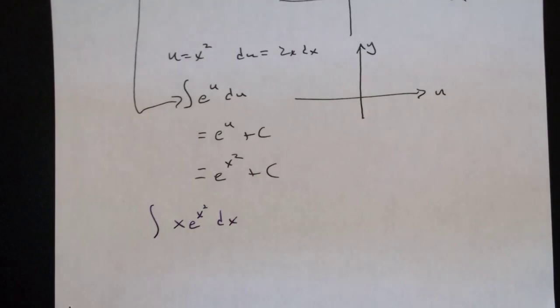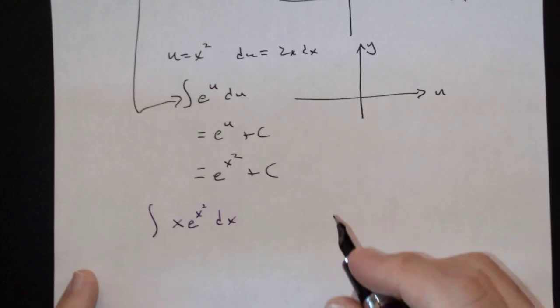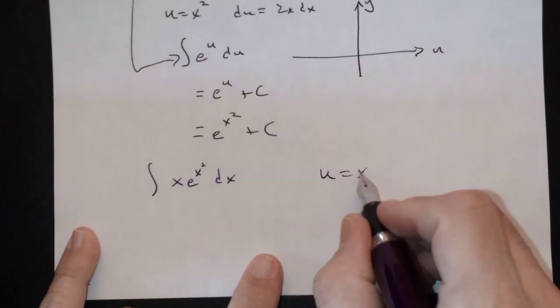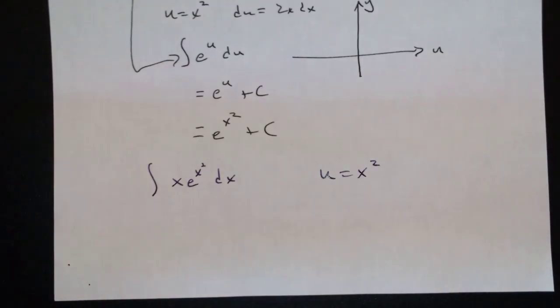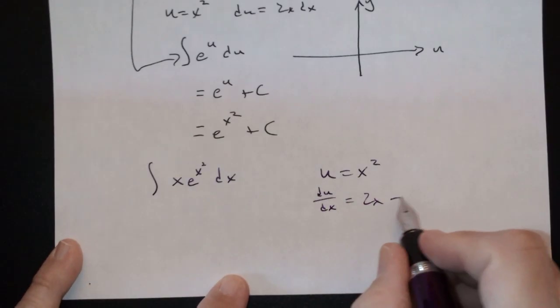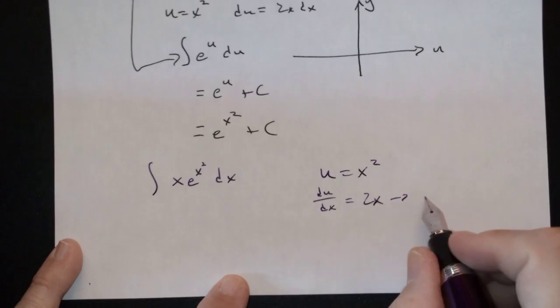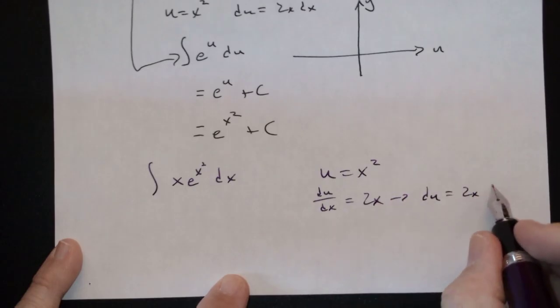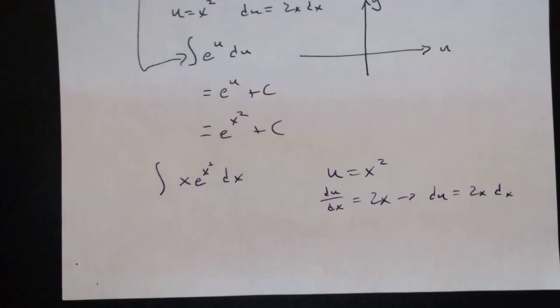I'm going to assume that I want to do a substitution up here. Let's write out the new differential. The derivative of x squared is 2x. I move the dx over and I get du is 2x dx.